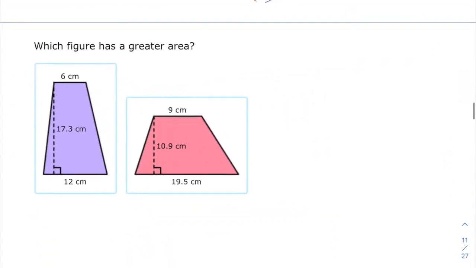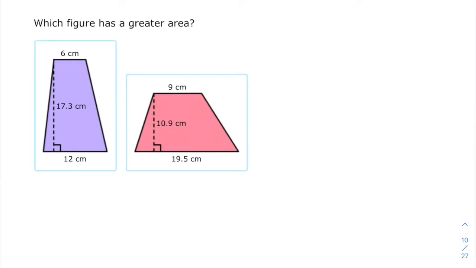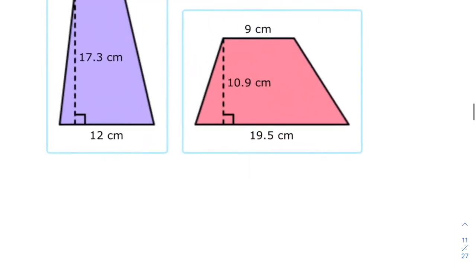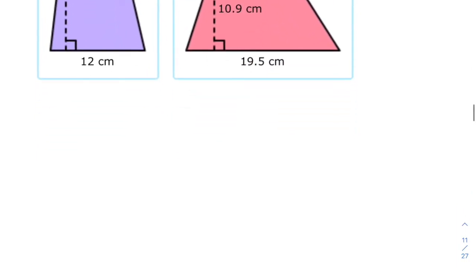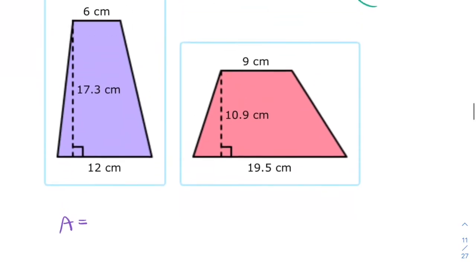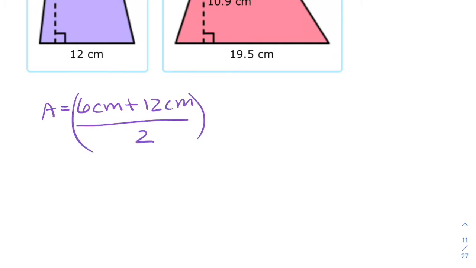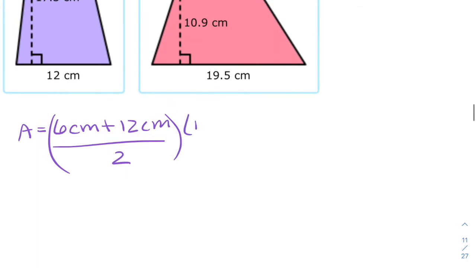And now this one is just figuring out which one has a greater area. So don't forget your area formula. So I'll do the one in purple first. So area is going to be 6 centimeters plus 12 centimeters over 2 times 17.3.